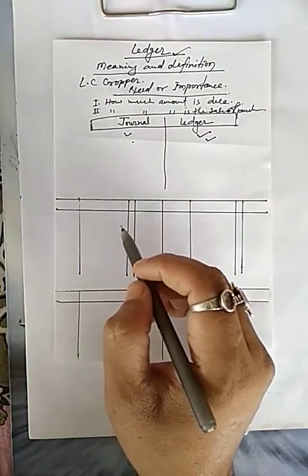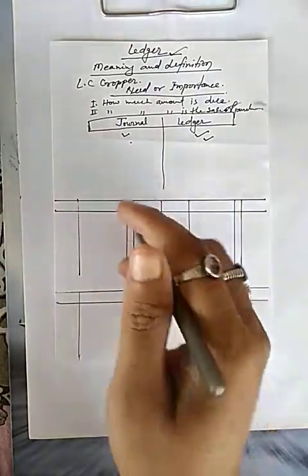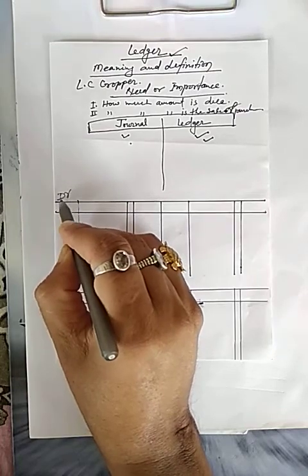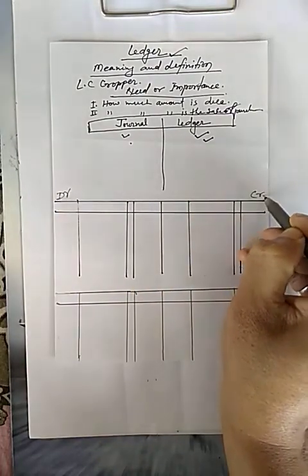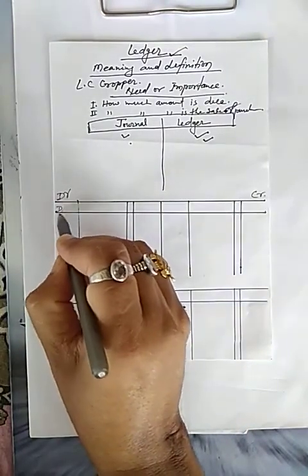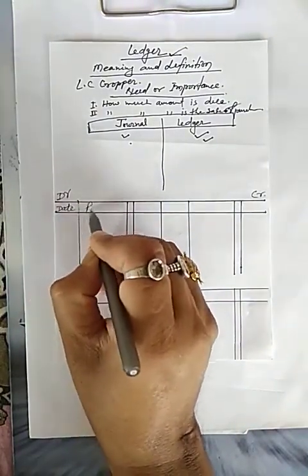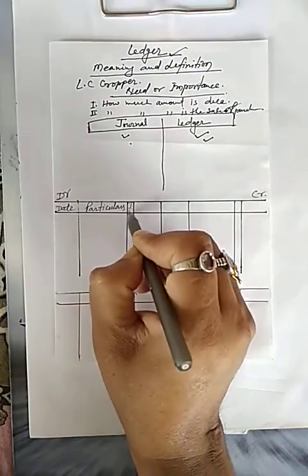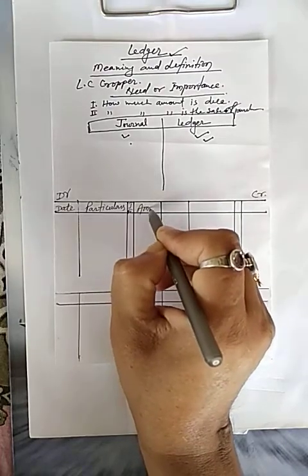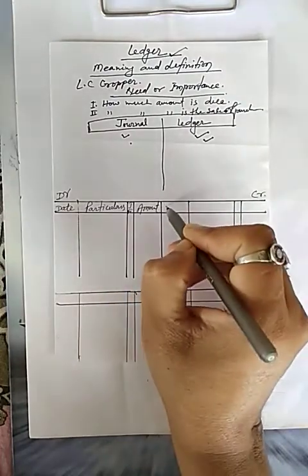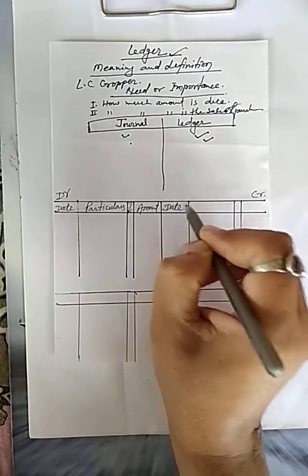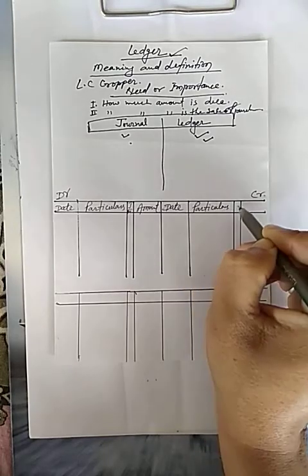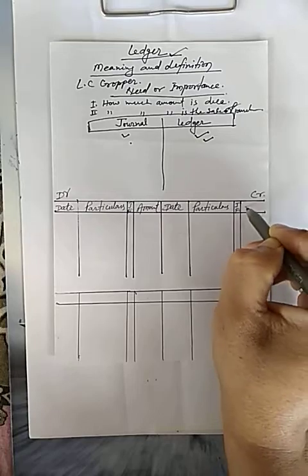Student, this is the format of ledger account. Left hand side is called DR side and right hand side is called CR side. Date, particulars, JF, amount; date, particulars, JF, amount.